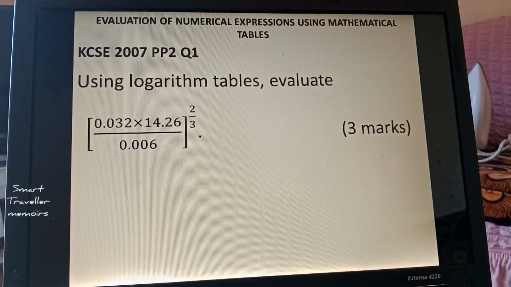In 2007, paper 2, question 1, you can see it is always question 1. Use logarithm tables to evaluate 0.032 times 14.26 over 0.06 raised to 2/3, 3 marks.